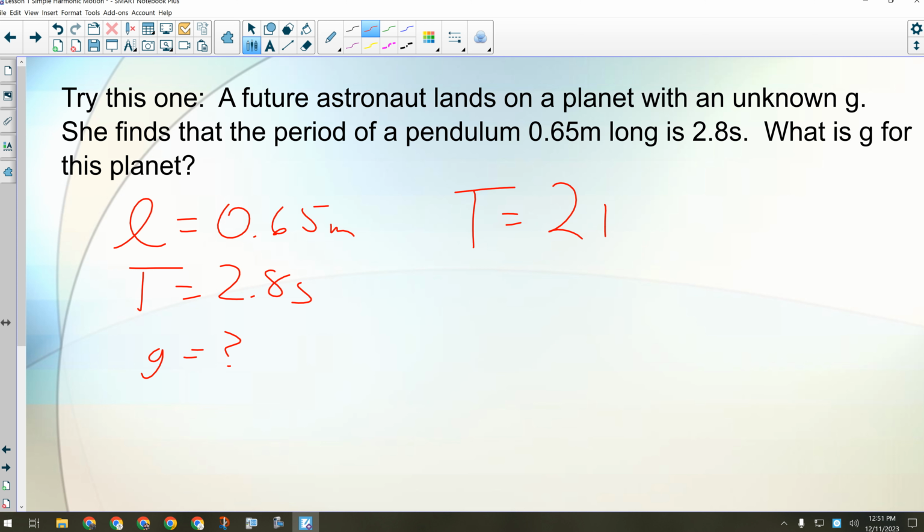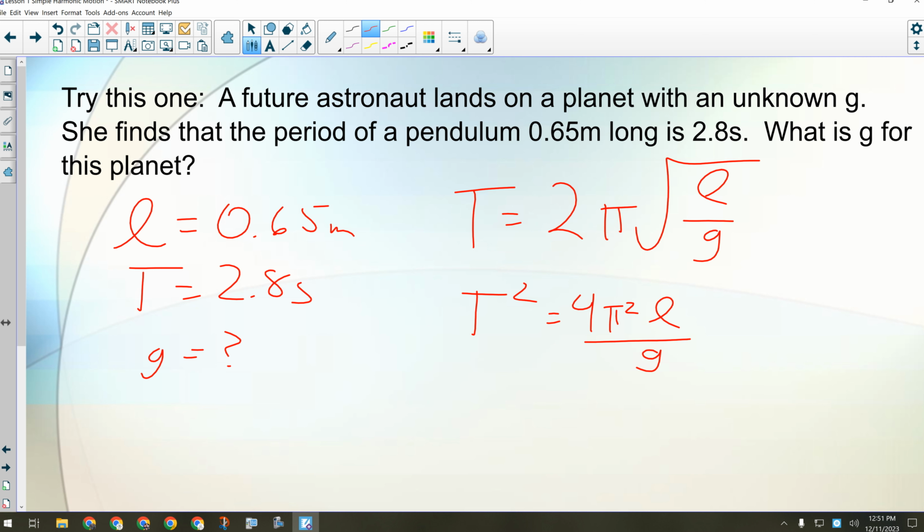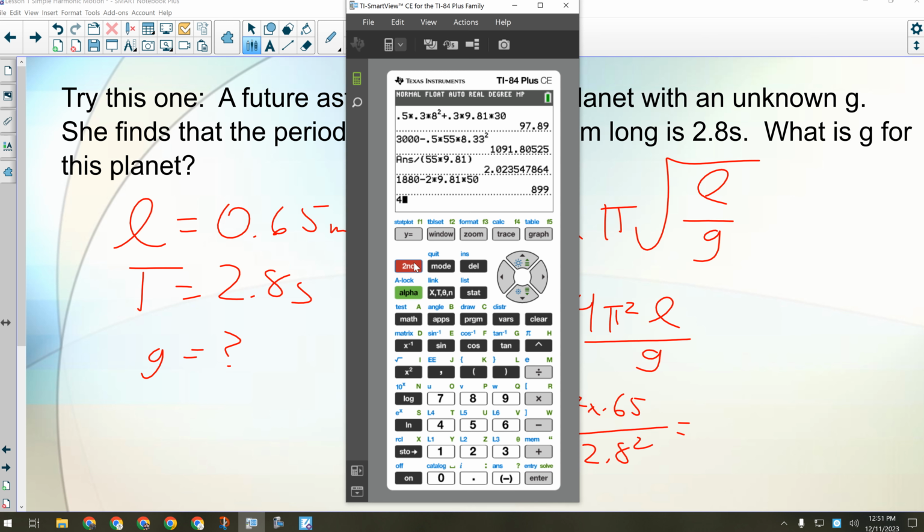So T equals 2 pi times the root of L over G, and so T squared equals 4 pi squared times L over G. And then we'll just swap T squared and G. And so G will equal 4 pi squared times 0.65 divided by 2.8 squared. Okay, so we're looking at an acceleration due to gravity of 3.3 meters per second squared.